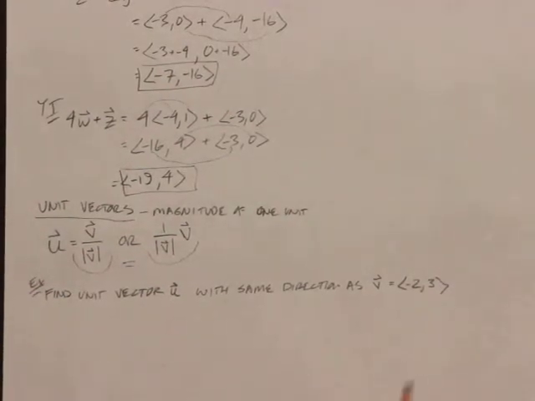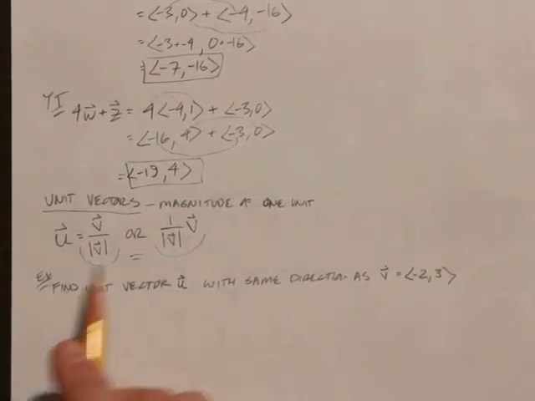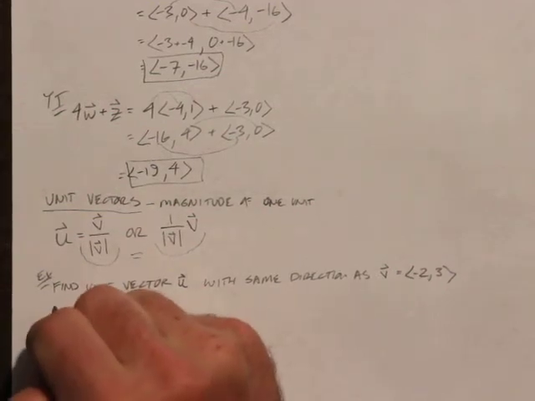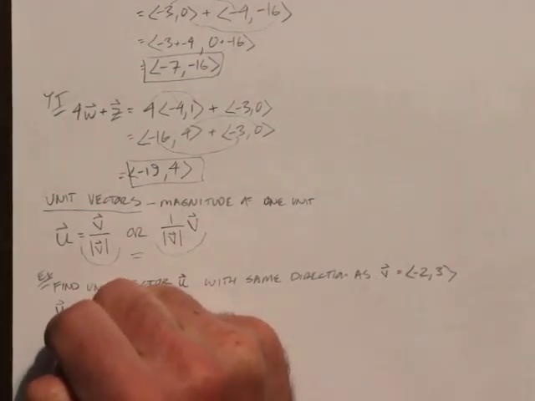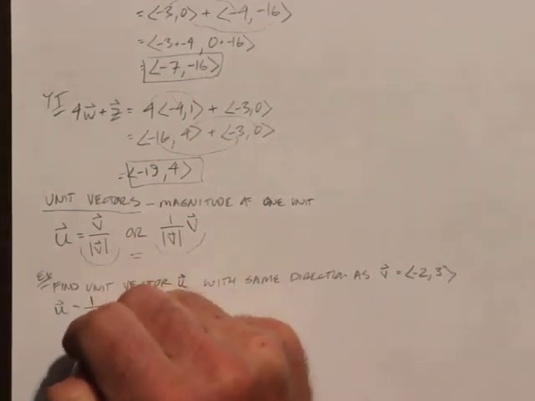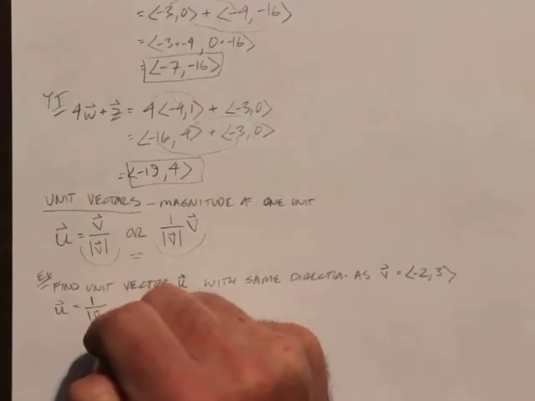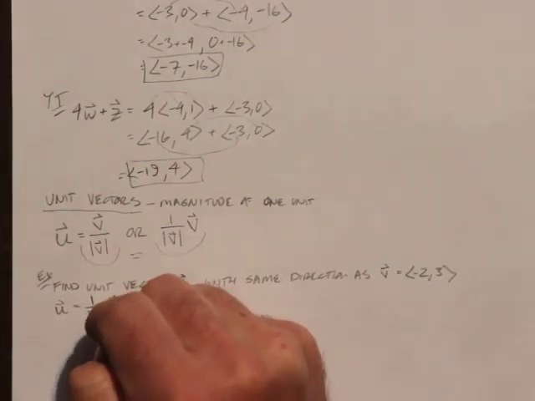All right, so let's see if we can figure this out. Our formula up here: vector u equals 1 over the absolute value of vector v, times vector v.